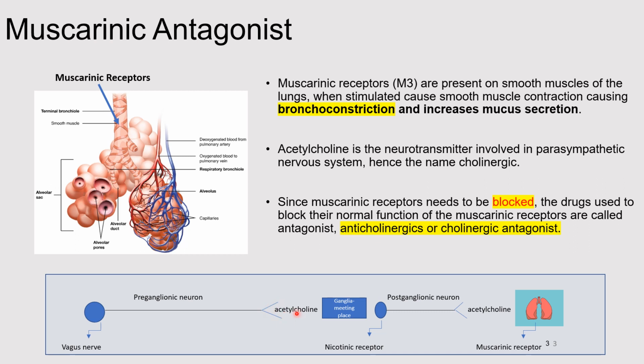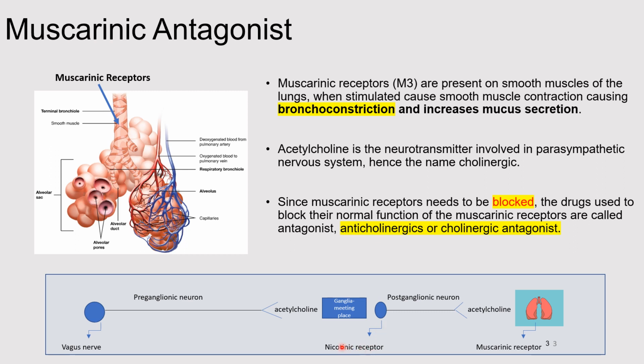The preganglionic neuron secretes acetylcholine, a neurotransmitter, which gets deposited on the postganglionic neuron receptors. Those receptors are called the nicotinic receptors. Just like the muscarinic receptors, the receptor on the postganglionic neuron is the nicotinic receptor.